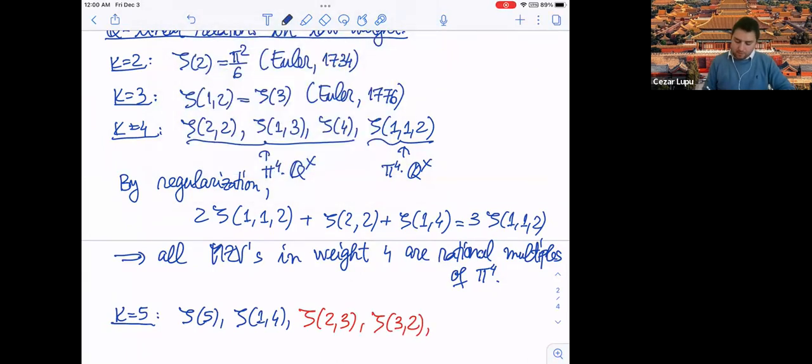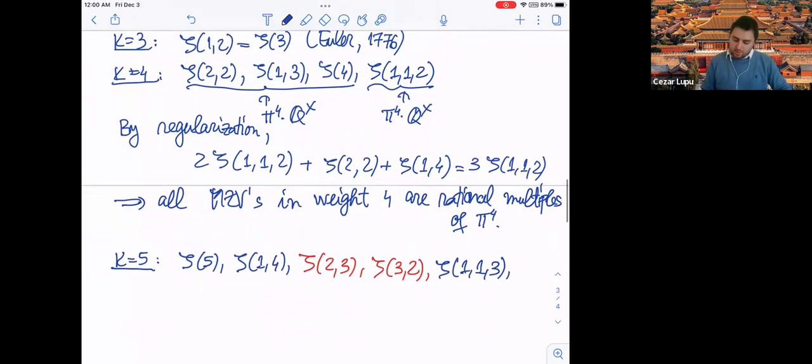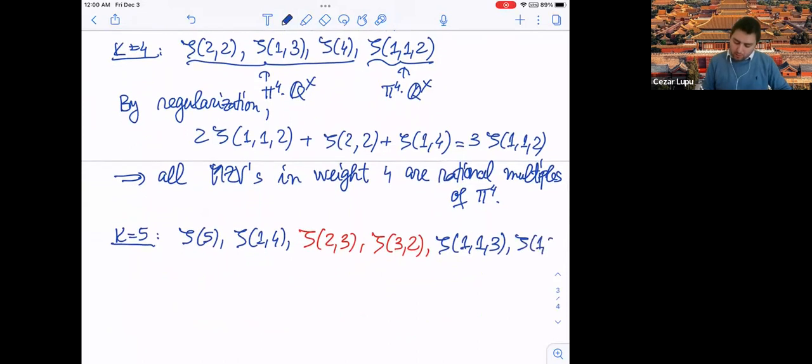What else do we have? Zeta of 1, 1, 3. We have a triple zeta. And again, another one, zeta of 1, 2, 2. And then zeta of 2, 1, 2, right? How many of them are there? 1, 2, 3, 4, 5, 6, 7. I think I'm forgetting one. Okay, so we have the zeta of 1, 1, 1, 2, right?